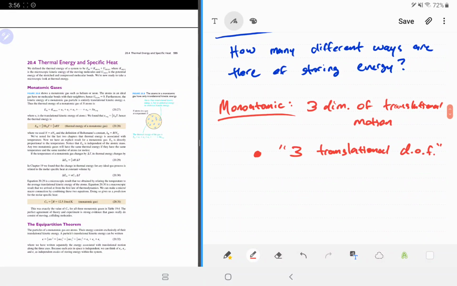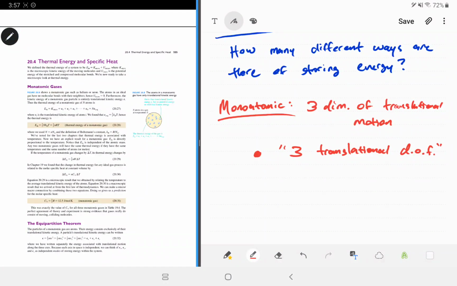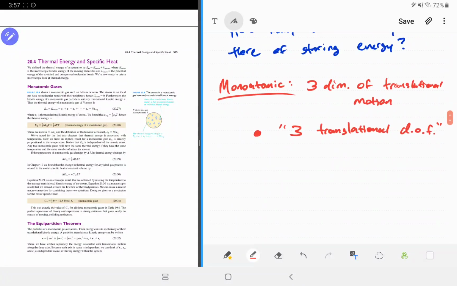In addition to this, a single atom like this cannot rotate or vibrate. You might think of a solid sphere as something that could rotate around itself, but really this is infinitesimally small. At the size of atoms, a nucleus is infinitesimally small, and there's no rotational energy associated with a monoatomic atom.